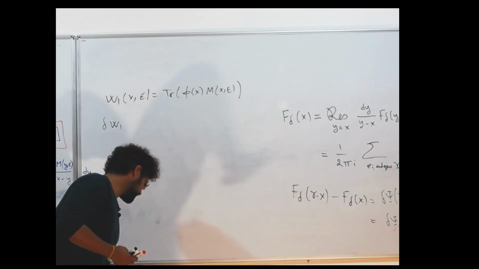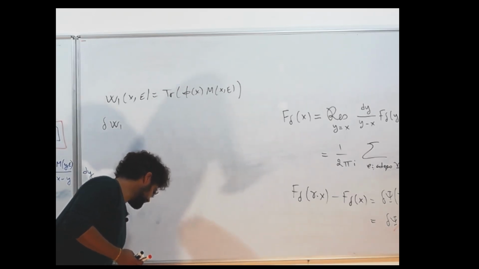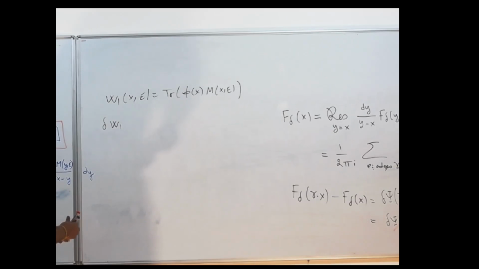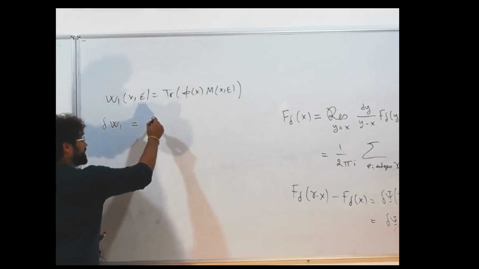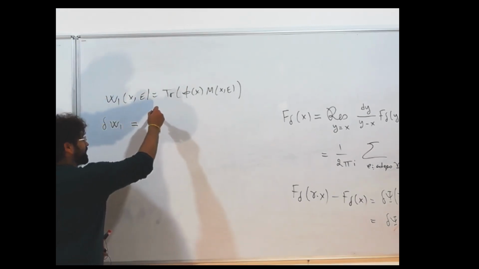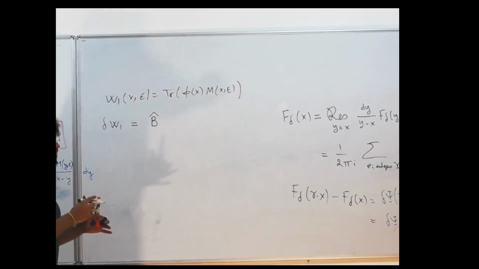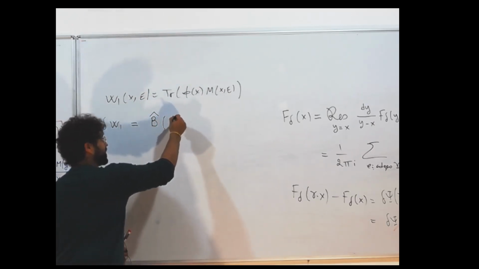But the idea is that this delta of W1, you can write it as a certain linear map acting on gamma delta.